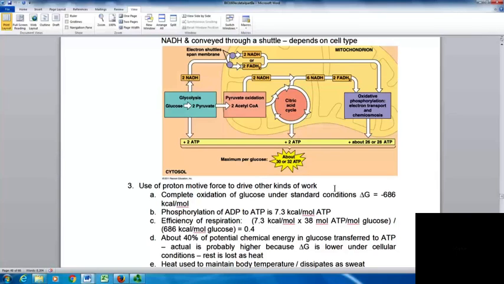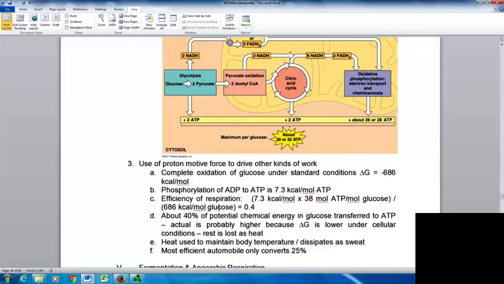The complete oxidation of glucose under standard conditions is negative 686 kilocalories per mole. Phosphorylation of ADP to ATP is 7.3 kilocalories per mole. So if we look at the efficiency of respiration, you have 7.3 kilocalories per mole times 38 moles. We're using the overall number, not taking out the initial investment. And you take that number here.